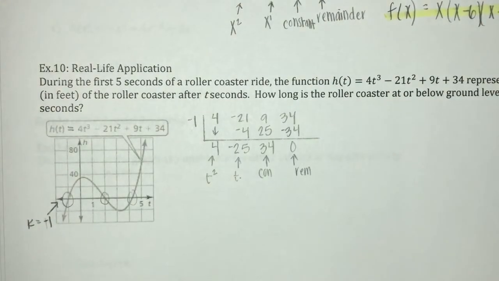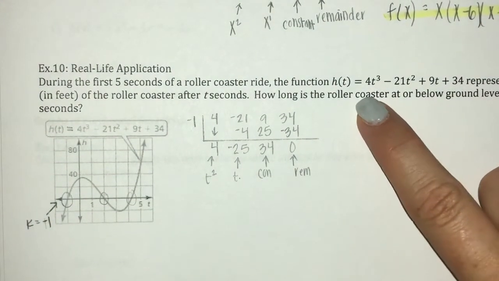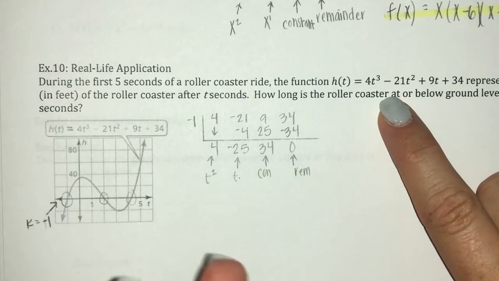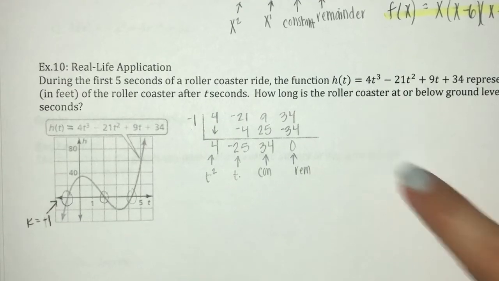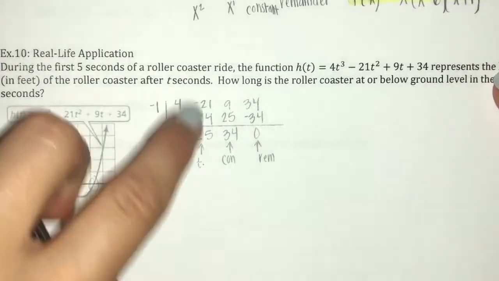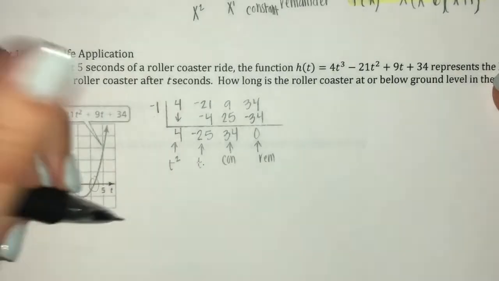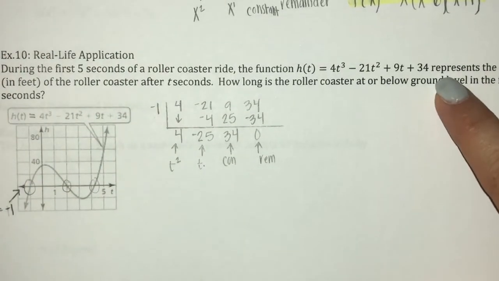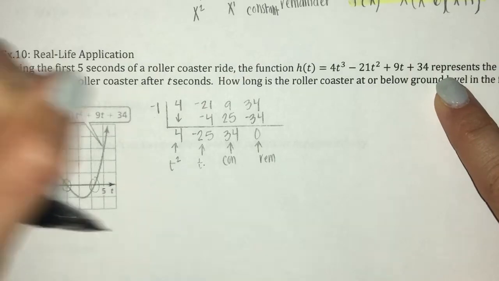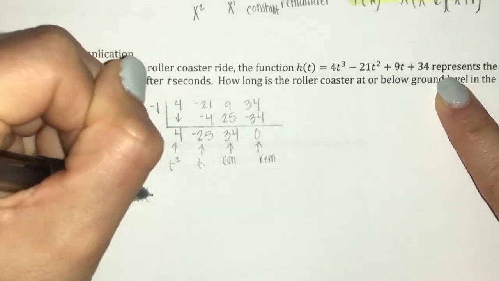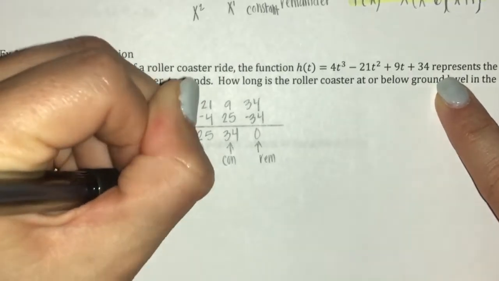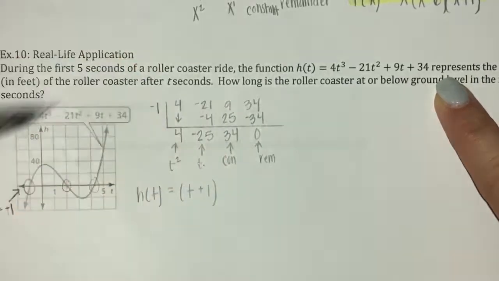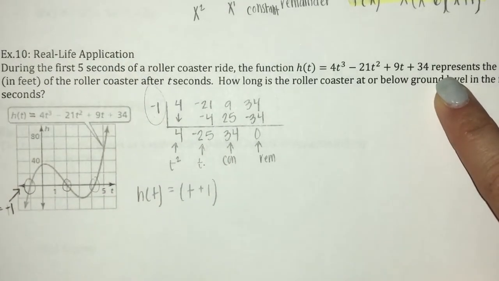But you wouldn't be able to factor this any other way because it's not really factorable by grouping, because there's no common factors that you can pull out. So once I prove this, I can basically factor out the x plus 1 or t plus 1. So it becomes h of t equals t plus 1 from evaluating at -1.